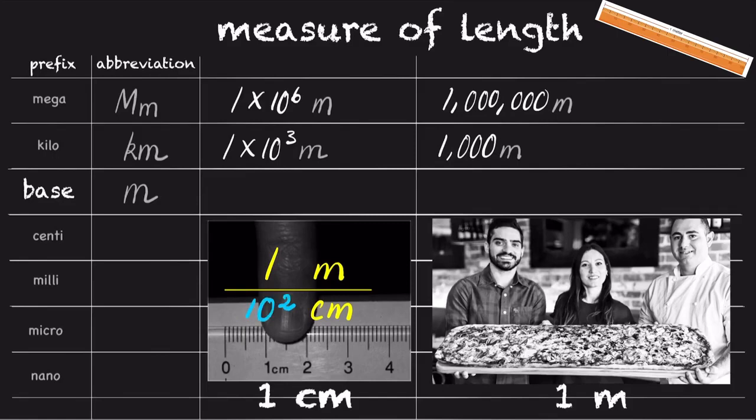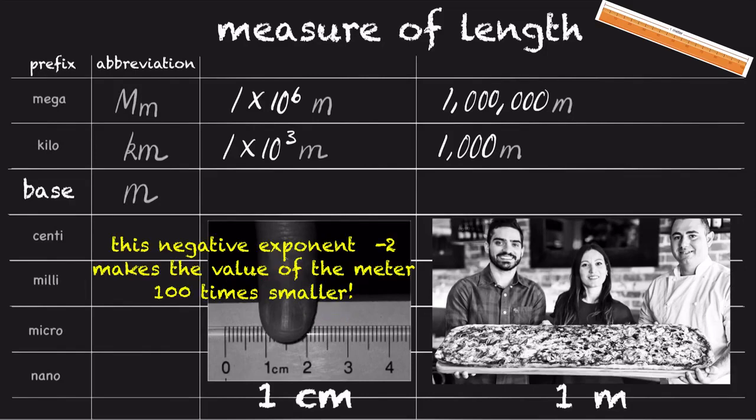This means 1 divided by 10 to the second, which is the same as 1 times 10 to the negative 2. From this, we see that the prefix centi means 10 to the negative 2, and it makes the base unit of meter smaller because of the negative exponent, negative 2. In fact, the centimeter is 100 times smaller than the meter.